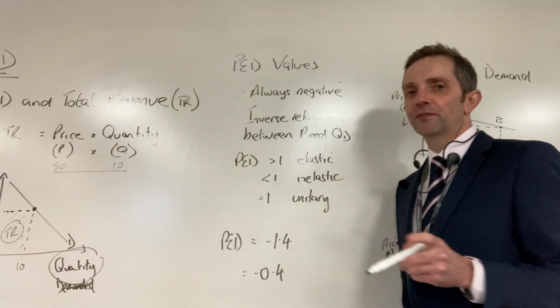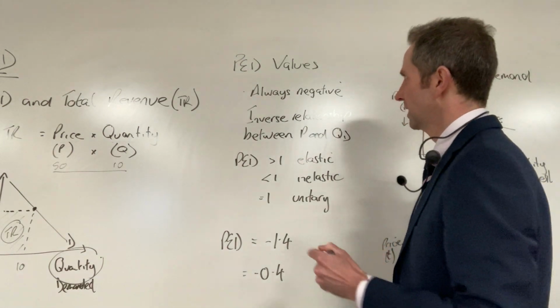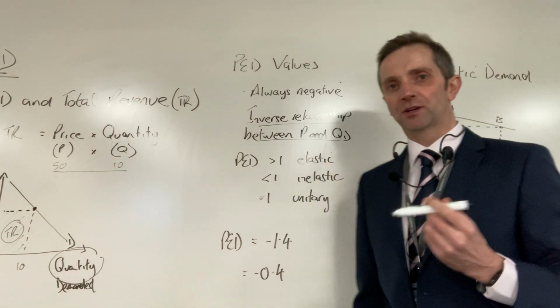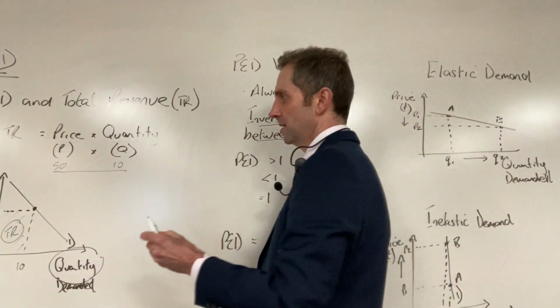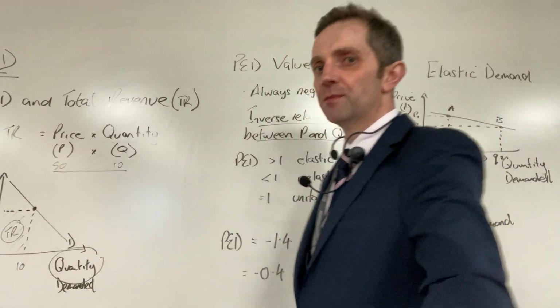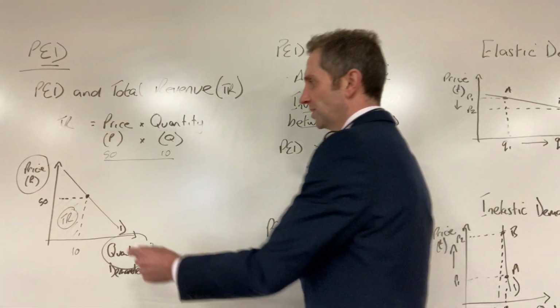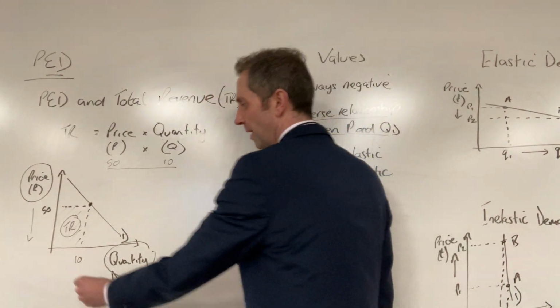So the first thing to say about the values is that they're always negative. And they're always negative due to this inverse relationship between price and quantity. Now, what do I mean by that? Well, if we refer back to our demand curve here, we can see that if price falls, quantity demanded goes up.